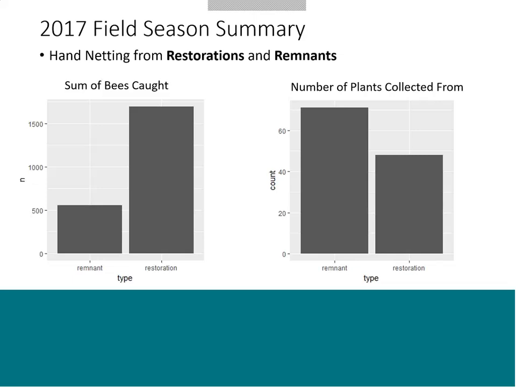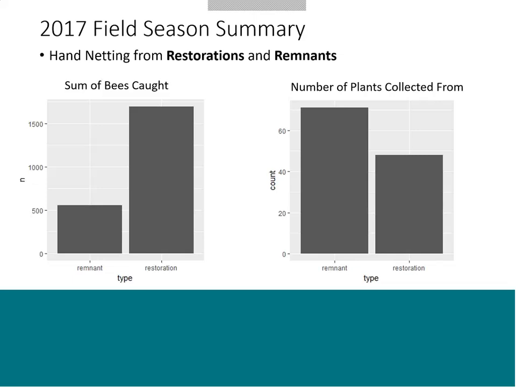That may differ a little bit when we start thinking about what time of year does. Maybe there were no bees in the remnants at certain times of year, but they were really present at other times. That might look a little different when we compare them to restorations. The one on the right is a little more complicated.